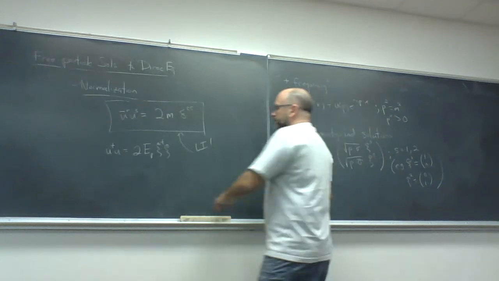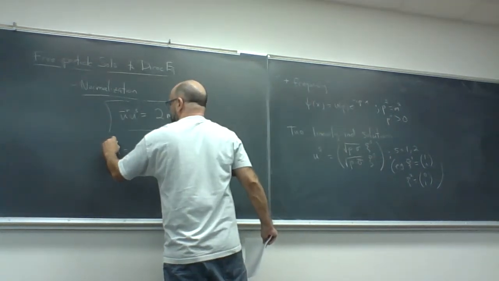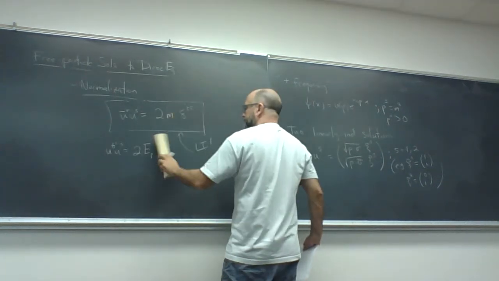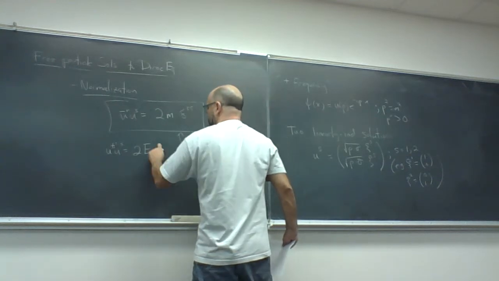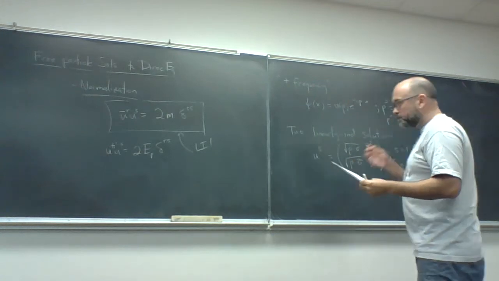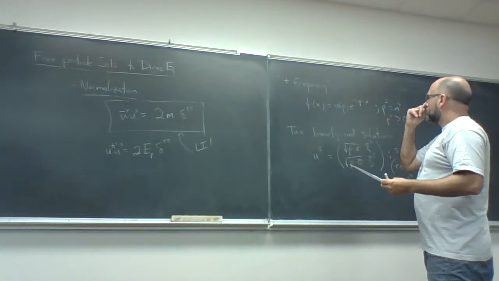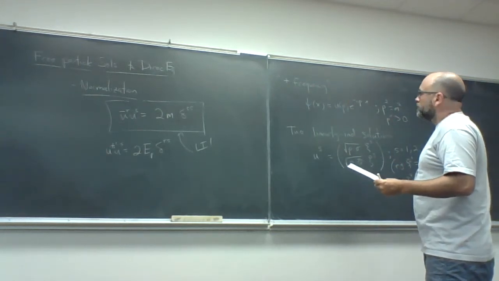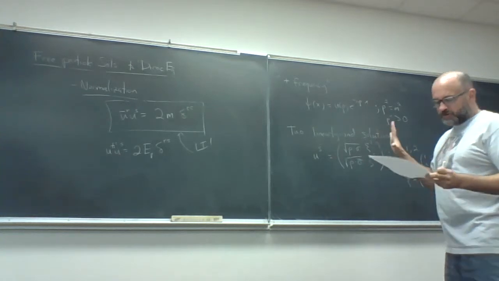Okay, and the same thing here, if I put in the spinor indices, it's rs, this will give me delta^rs. Okay.